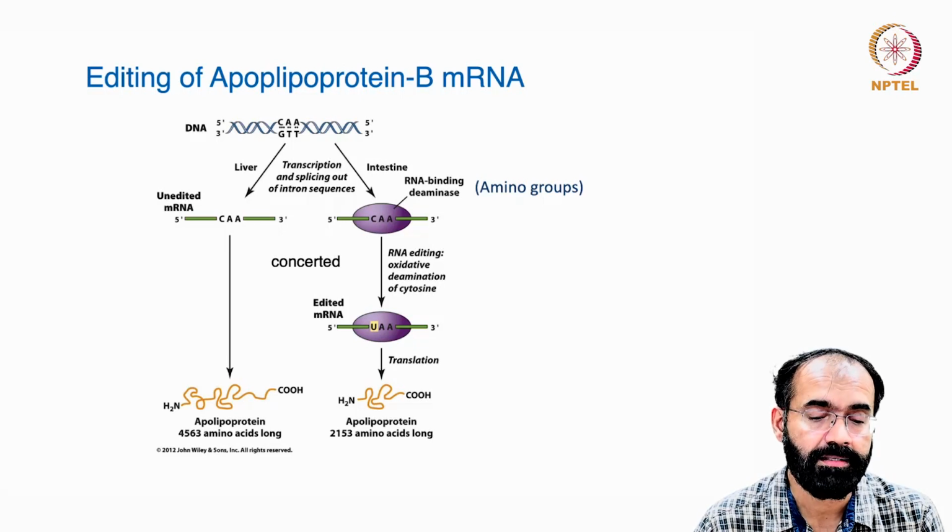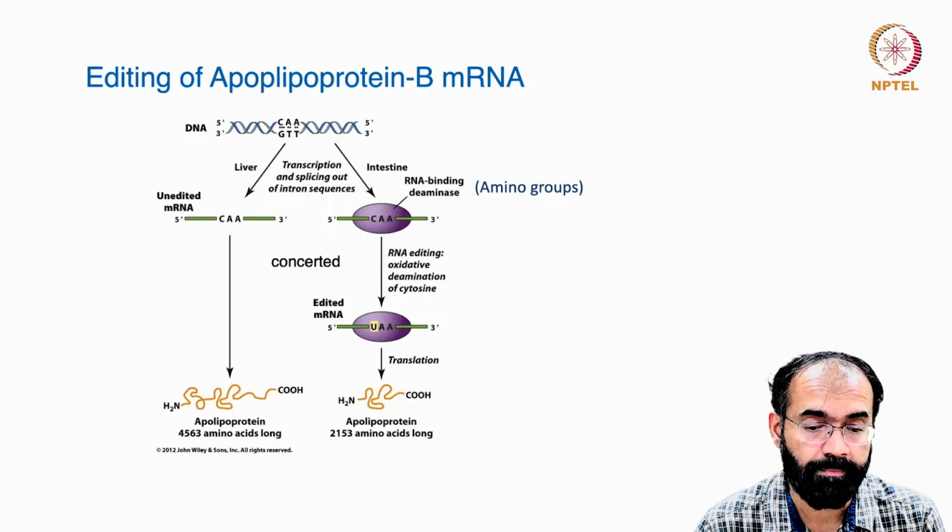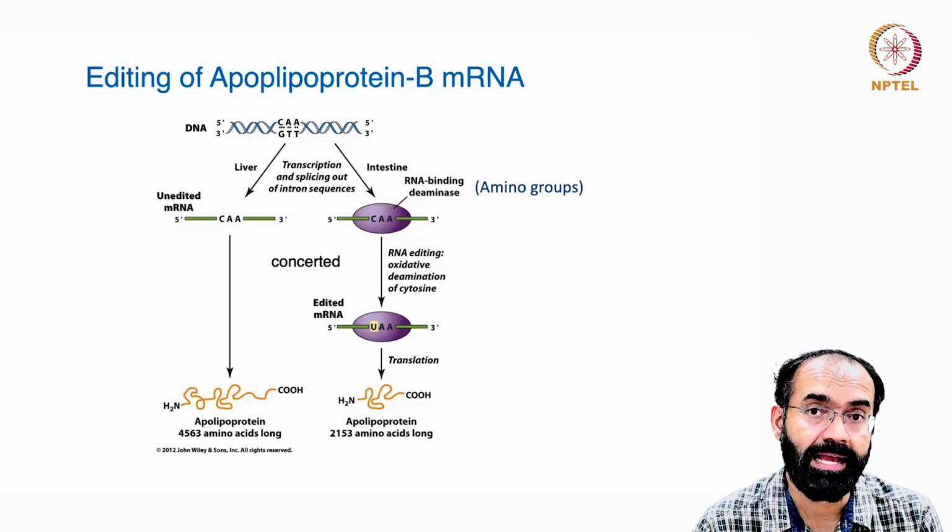Whereas in the intestine the case is different, and it is recognized by an RNA binding deaminase. It can bring in RNA editing, and what it does is it causes the C to deaminate. So the C of the CAA is deaminated and it becomes UAA.